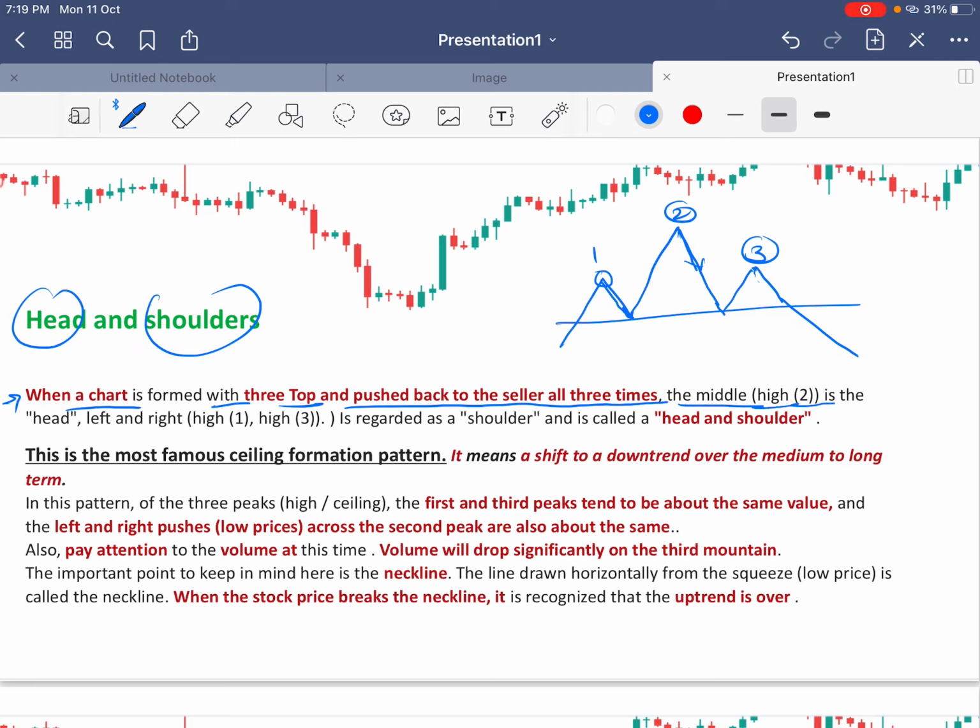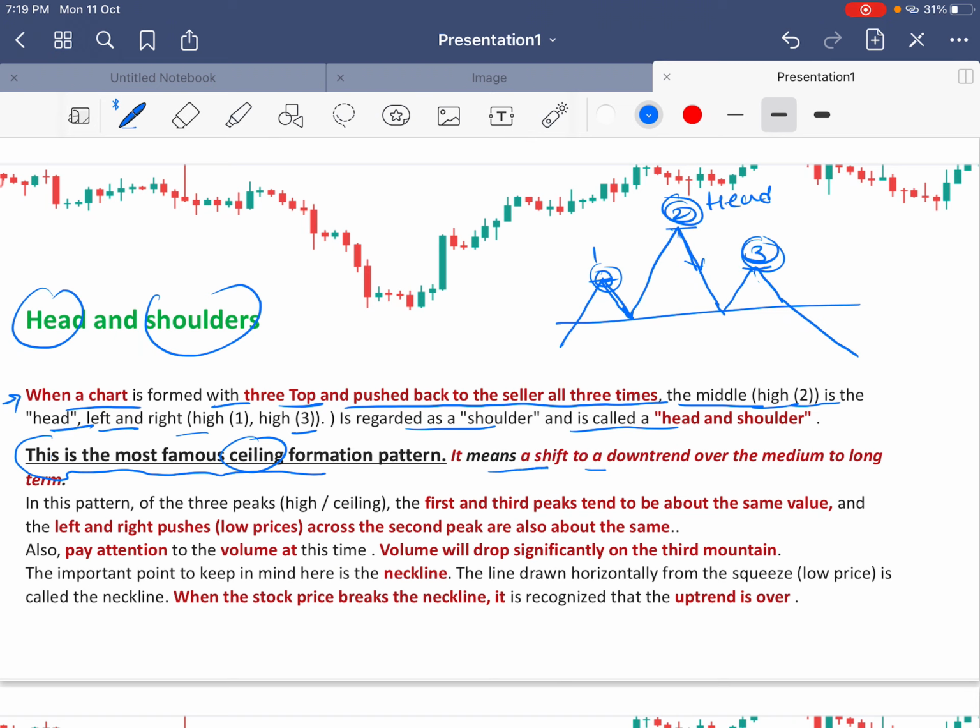The middle high, this one, is the head, we call this the head. Left and right, this one left and this one right, are regarded as shoulders, and it is called head and shoulders. So this is a head and shoulders pattern. As you can see from here, this is the most famous ceiling, or you can say top. This is a top hitting pattern.